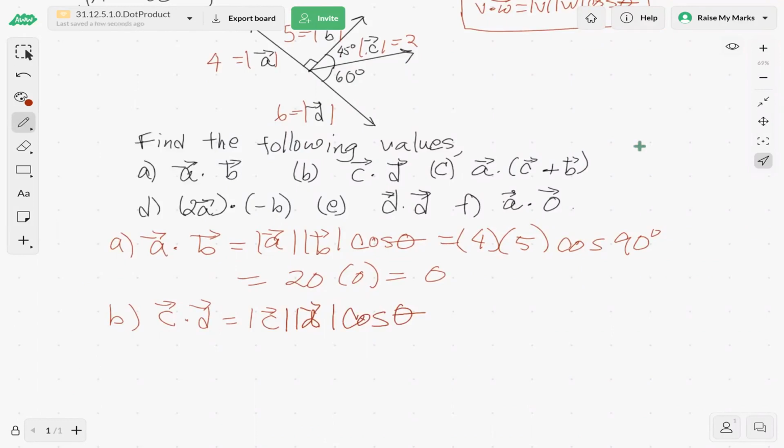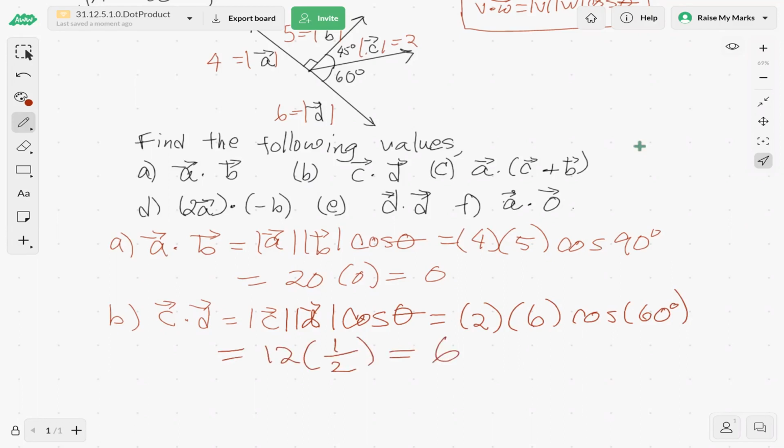It looks like it's 60 degrees. The magnitude of C is 2, the magnitude of D is 6, and the angle between the two is 60 degrees. 2 times 6 is 12. Cosine of 60 is a half, from our special triangles. 12 times a half is 6. Good.